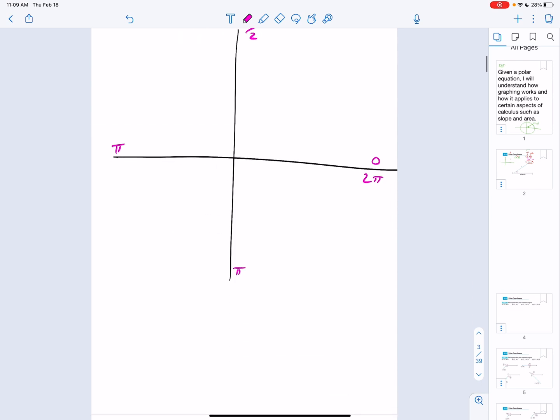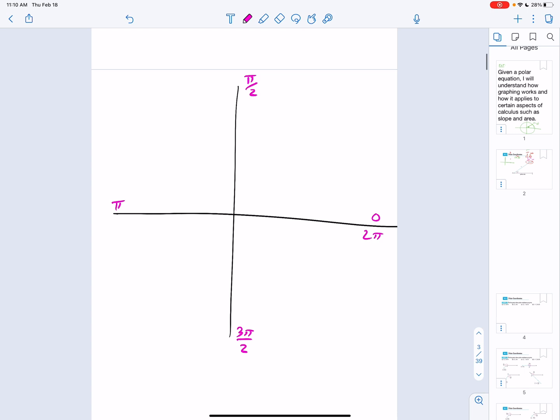And 1 1/2 is just 3 pi over 2. So you should somewhat recognize these angles in radian form. Okay? Every quadrant, quadrants 1, 2, 3, and 4, have the same relative 3 angles here, okay?